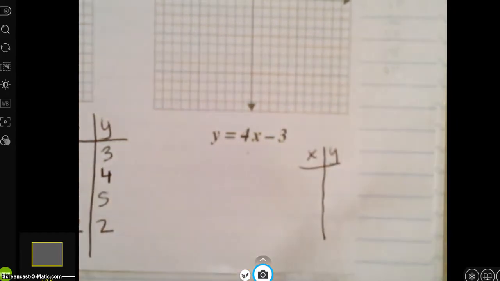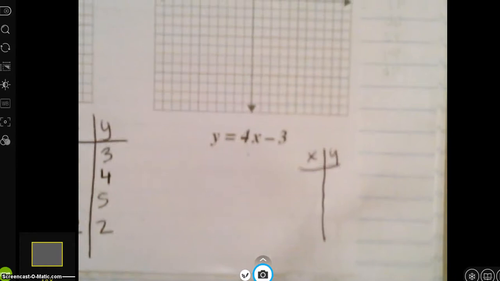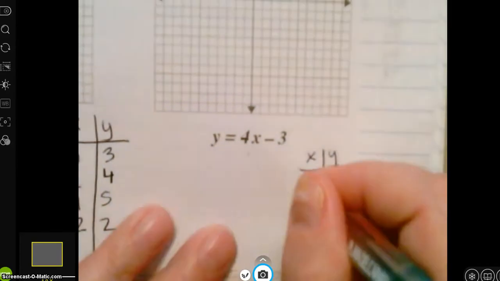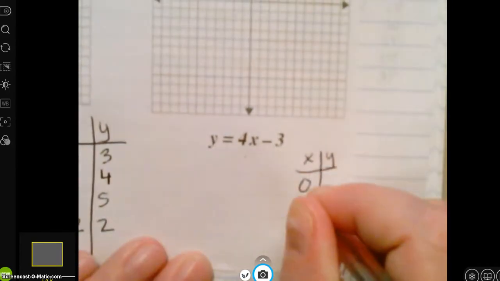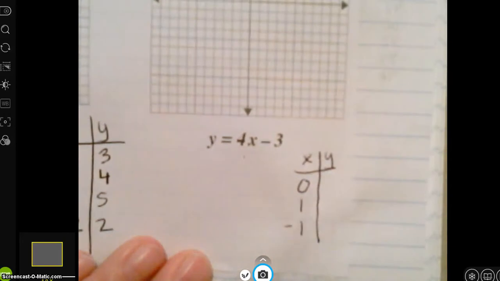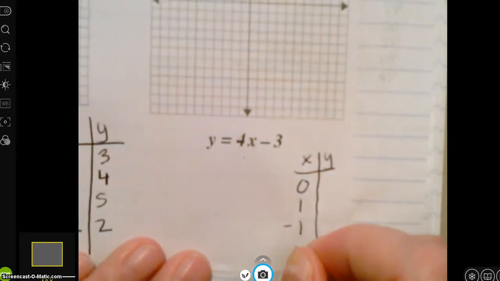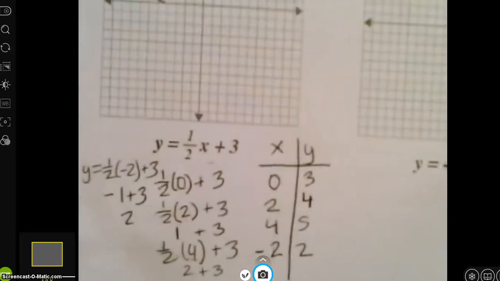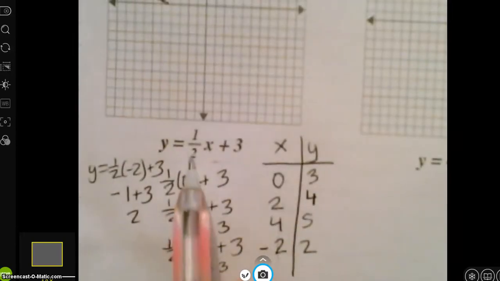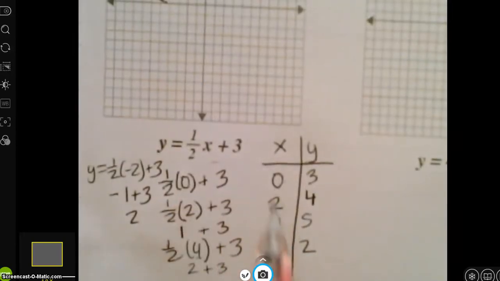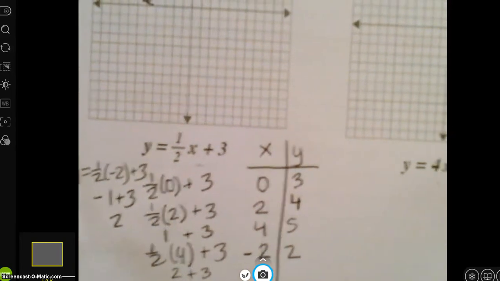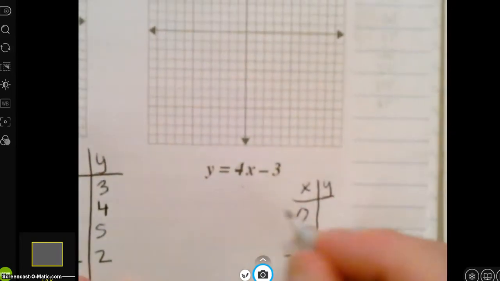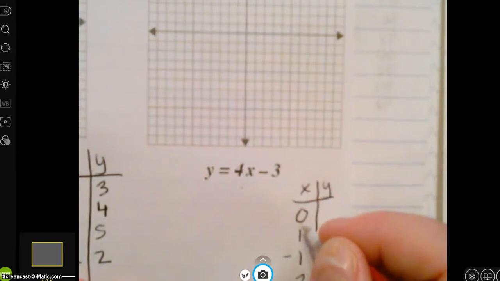And I told you before, I usually use 3 to 4 numbers. I always use 0, a positive, a negative, and then usually something else, something easy to use, which I'll just use 2. Okay? Now last time, remember we were using half. So I was trying to use even numbers because I know how to take half of even numbers easily. So this time, what we're going to do is the same thing, but easier numbers.